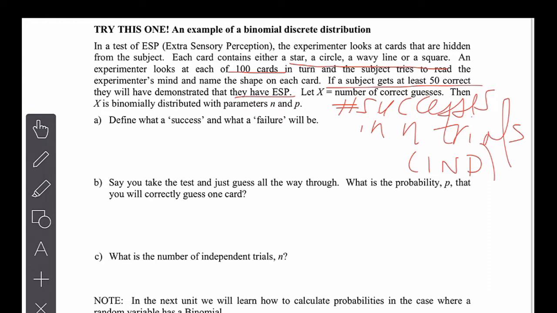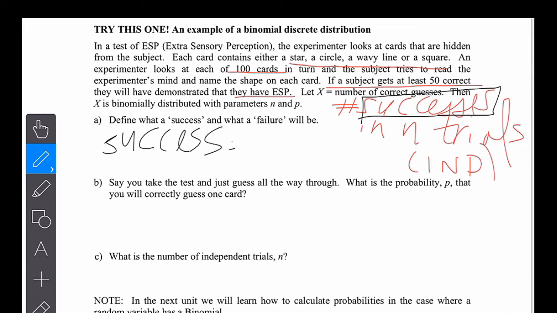So the word success corresponds, in this case, to a correct guess. Okay, so that's a success. He got it right this time. Then you're going to try again.